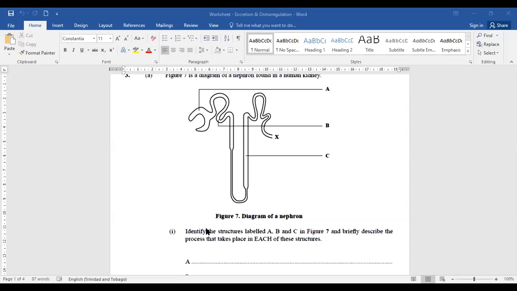Yes, it filters the blood. So what is it that happens? How does this process of filtration actually start? In order for the blood to come here first, remember, we need a blood vessel that supplies the blood.